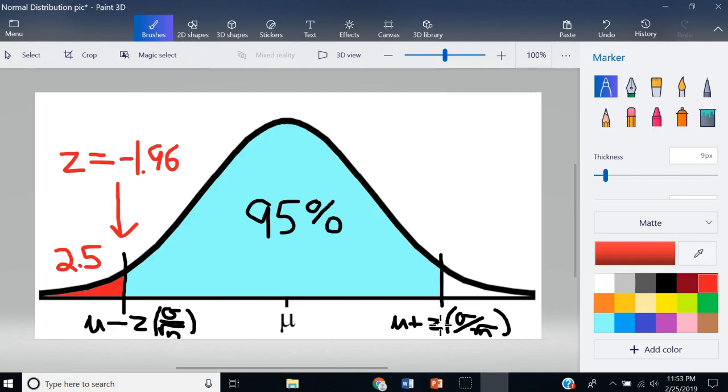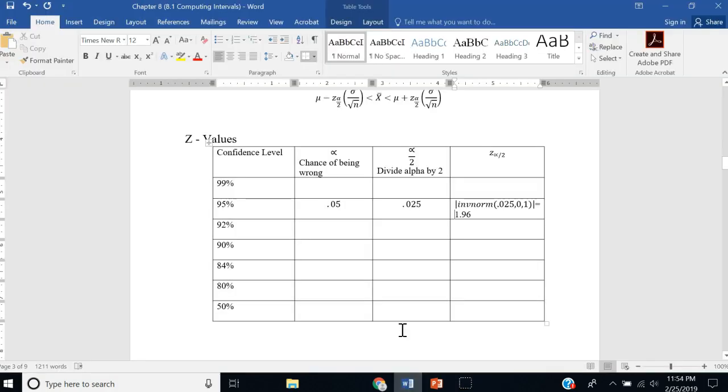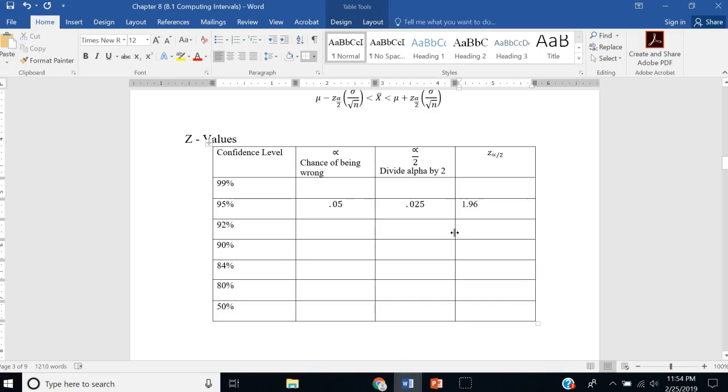The right hand side has a plus sign on it. So the positive 1.96 would be this one. The negative 1.96 would be this one, since we already have a negative sign, so that we don't have a negative of a negative. We'll just use the positive z value every time. So when you fill out a chart like this, you would just write positive 1.96. Okay, hopefully that makes sense.